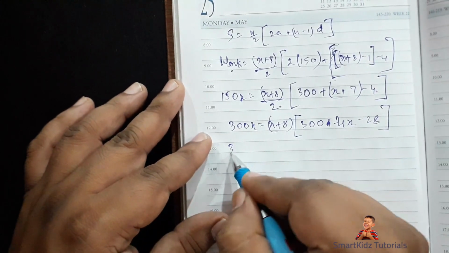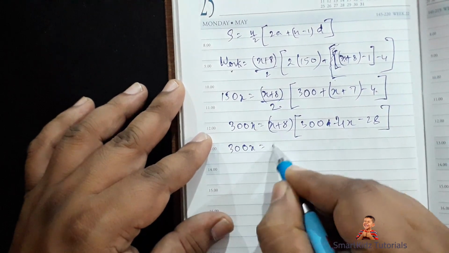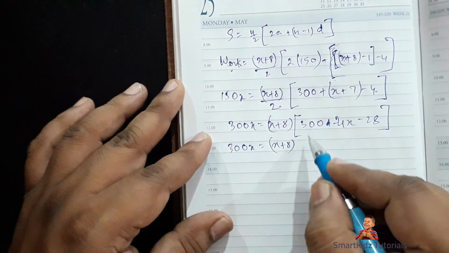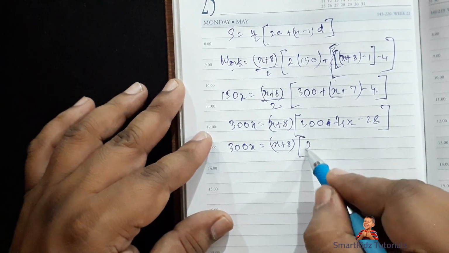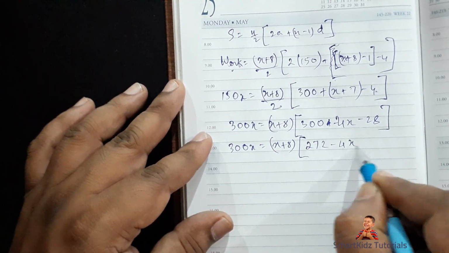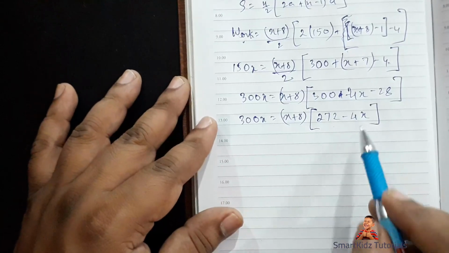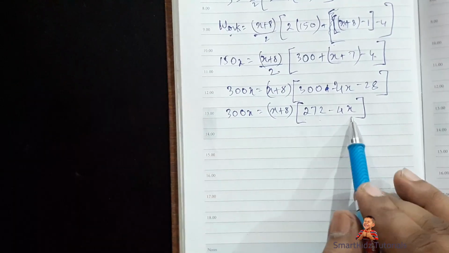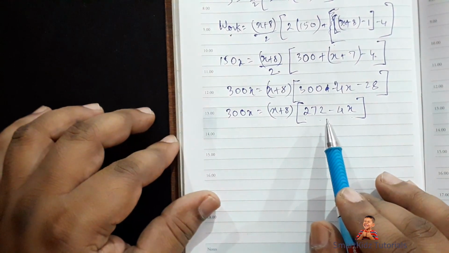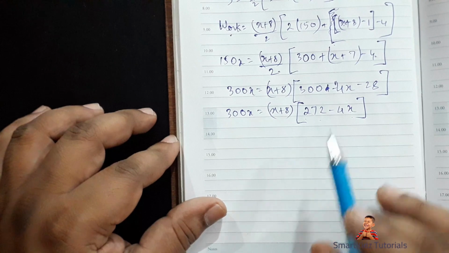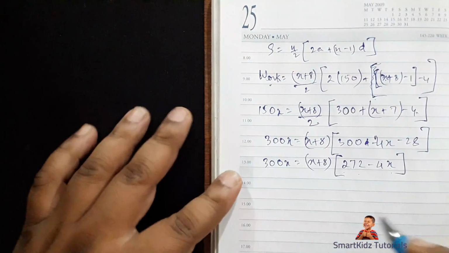And this will be, we get 300x equal to x plus 8 into 300 minus 28 gives us 272 minus 4x. So from here I can remove 4 common. Can we remove 4 common? Yes, we can.